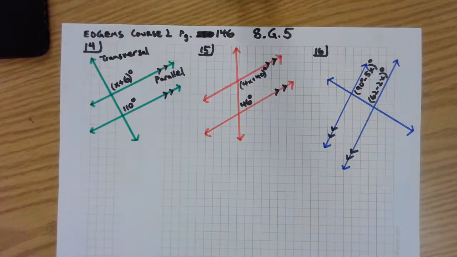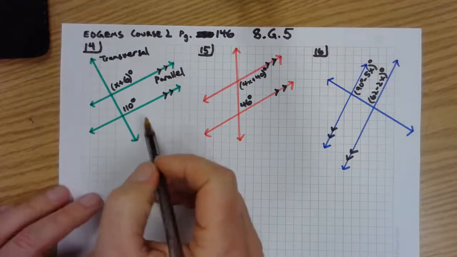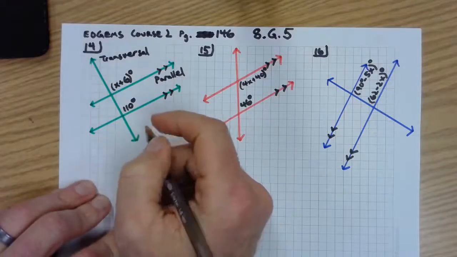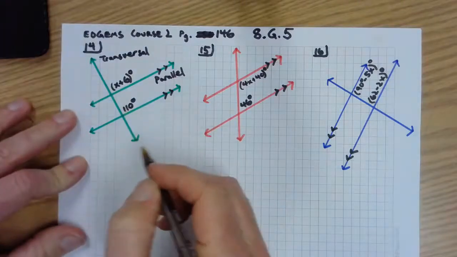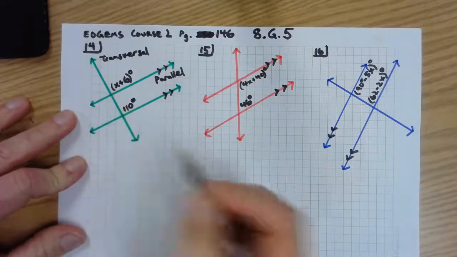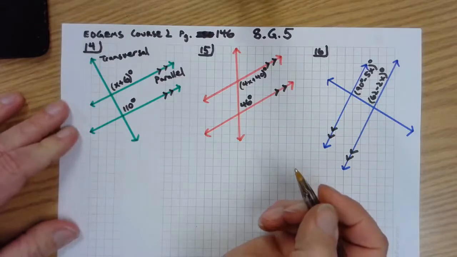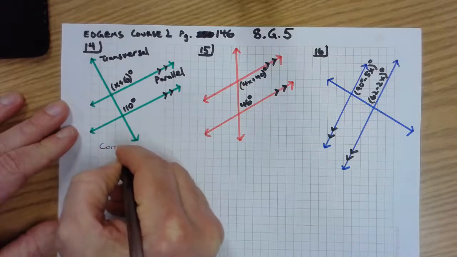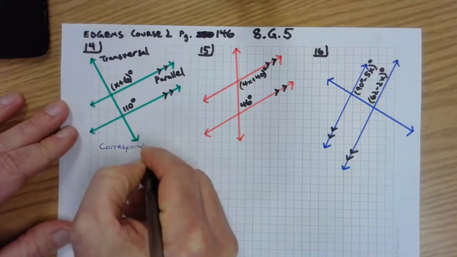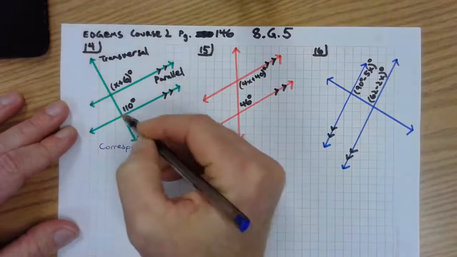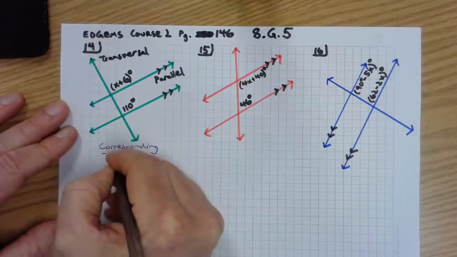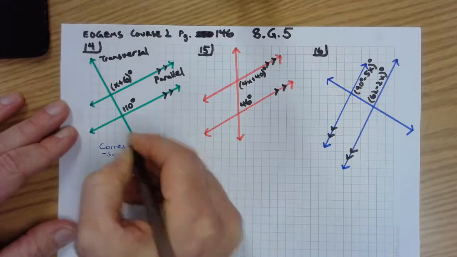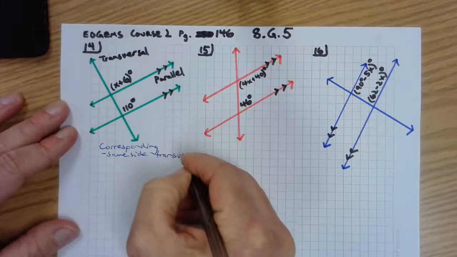Okay, so let's start off. Let's just get down to business here. We've got parallel lines, a transversal, and these two angles. It's helpful if we know what this angle pair relationship is called. In this case, it's corresponding. And there's something about corresponding angles. They're same side of the transversal. See, they're both on the right side there.